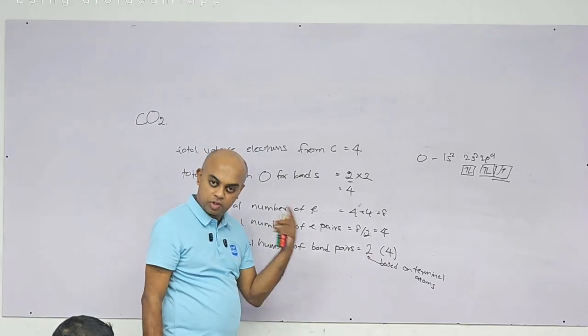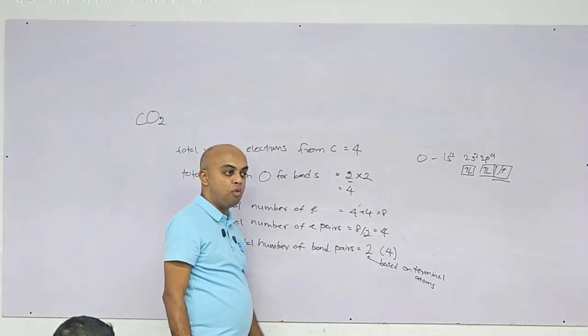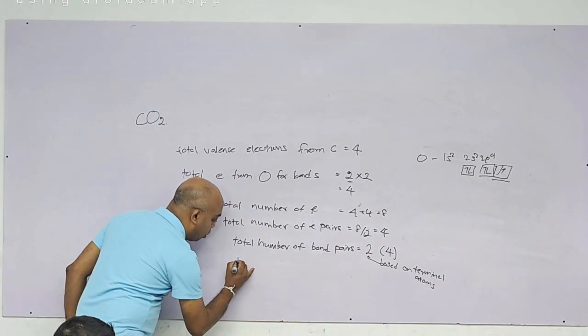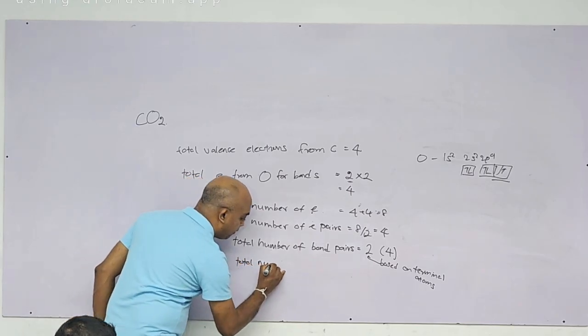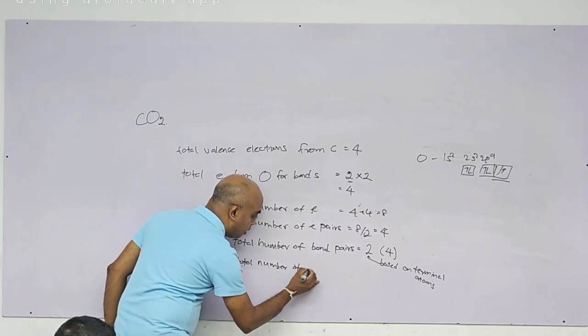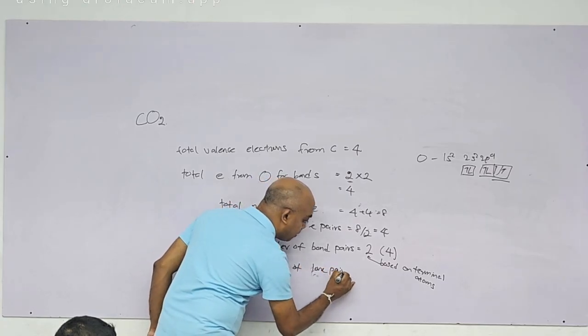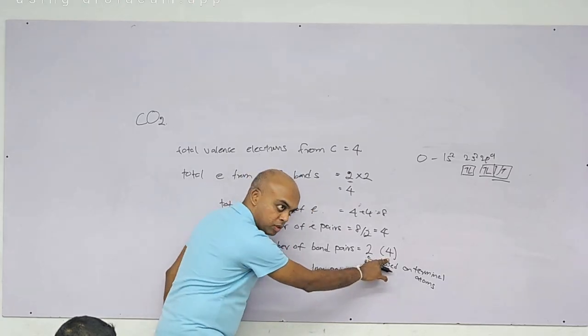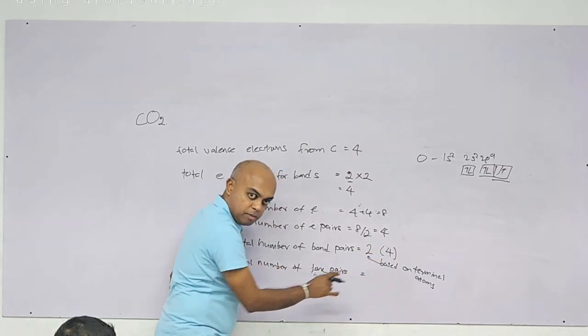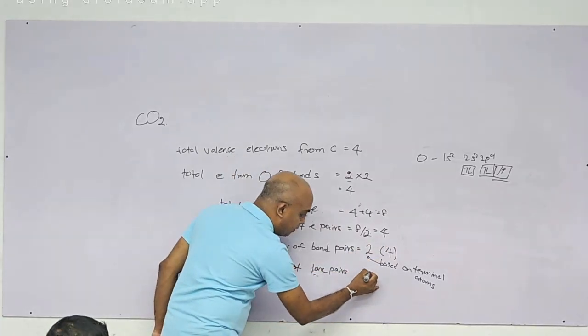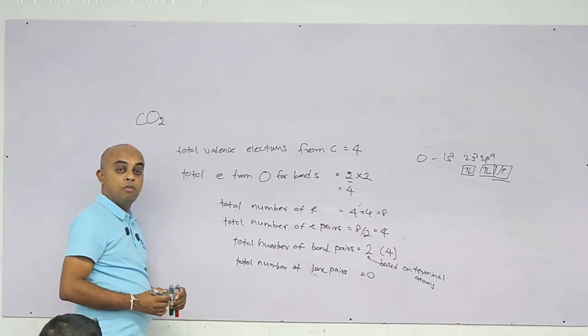So there are 2 oxygen atoms. It is consuming 4. Then total number of lone pairs, how much? 4 has been consumed from 4. So how many lone pairs? 0.